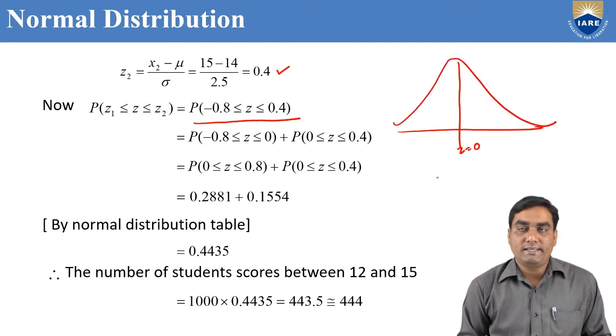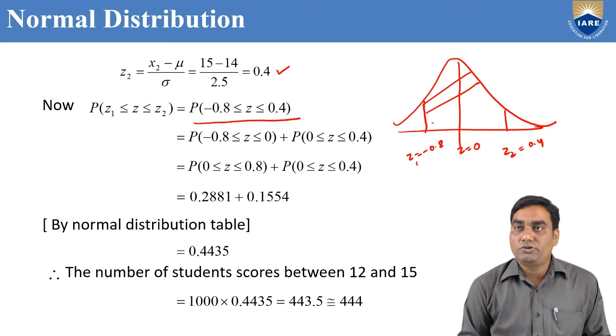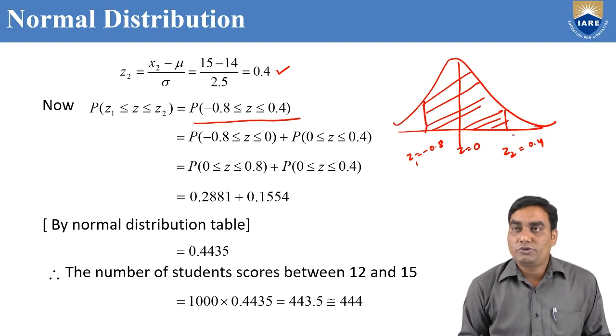Now you draw the normal curve to evaluate minus 0.8 to 0.4. This is, you know, z equal to 0. Where is minus 0.8? It is on the left side, because it is negative. Z equal to minus 0.8 and this is 0.4. From where to where do we require? From minus 0.8 to 0.4, from here to here.